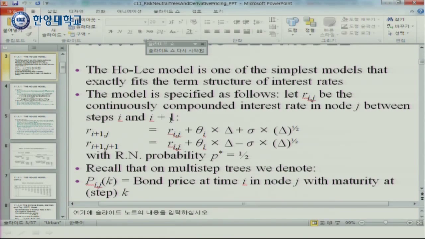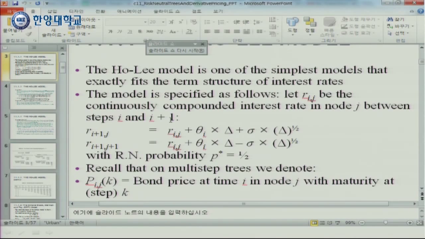The next period interest rate can go either up, Ri plus 1 j, or down, Ri plus 1, j plus 1. And this theta multiplied by delta part is the predicted part.